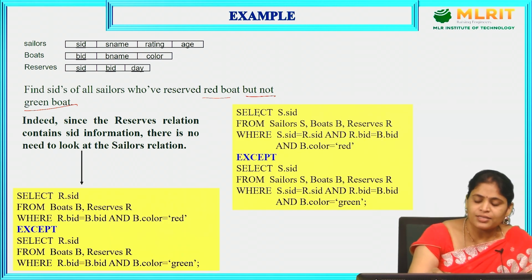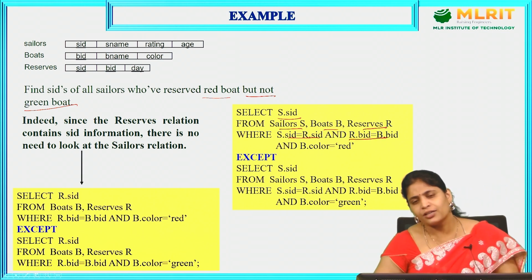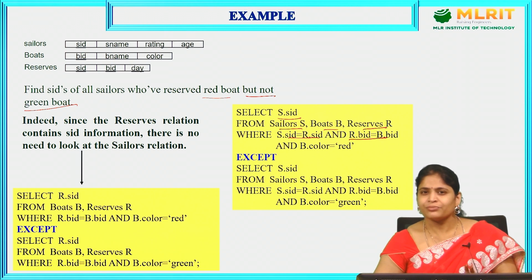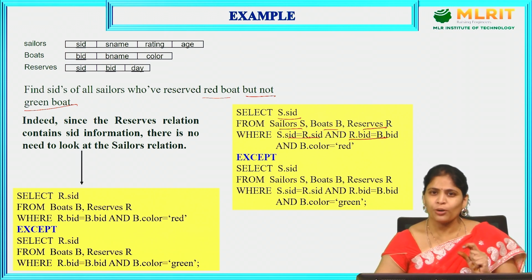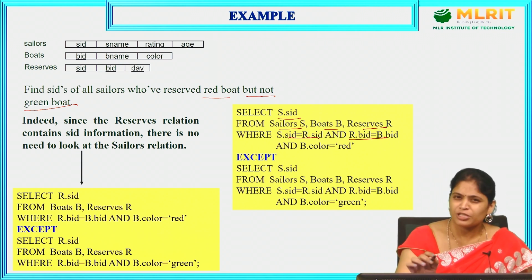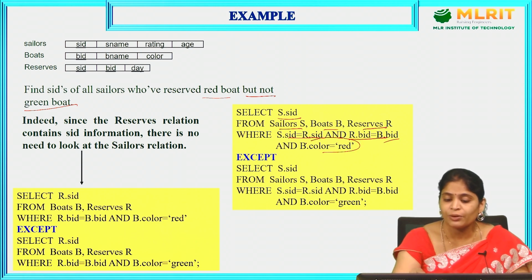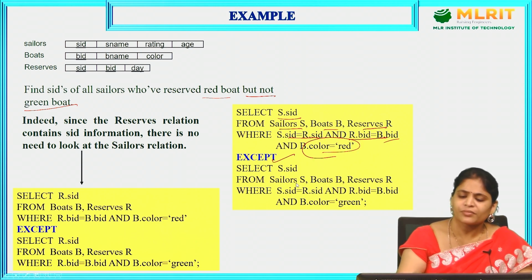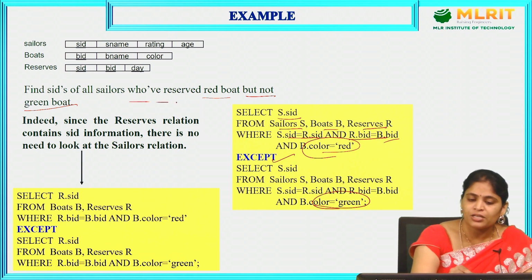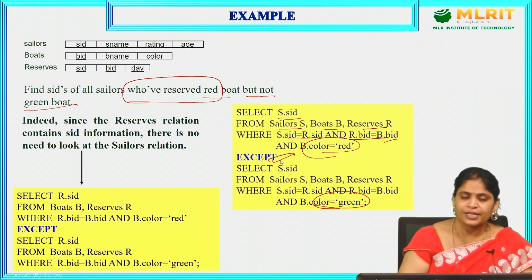So, select S.SID from sailors S, boats B, reserves R where, as I have already said, to combine 2 tables, we have to have some common column between those 2 tables. So here S.SID and R.SID must be equal, and R.BID and B.BID must be equal, and B.color is equal to red, except who have reserved green boat. Why? Because I want the sailors who have reserved only red boat but not green boat. So that is the reason I have represented except operator here.